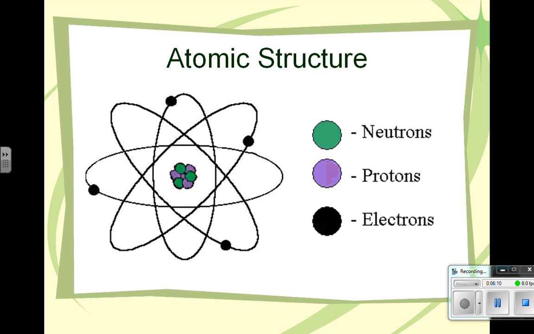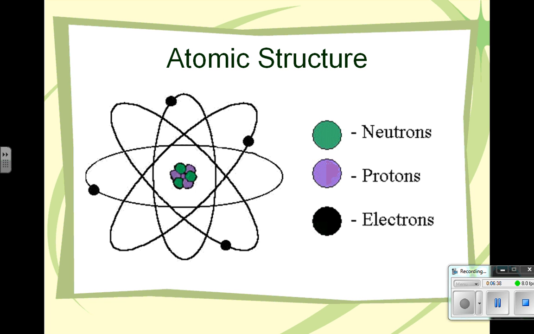The protons represent purple. Protons and neutrons, they're inside the what? Everybody? The nucleus. What kind of charge does the nucleus have? Positive. Very good. Then we have the electrons that are outside of the nucleus but inside the atom, right? They're surrounding the nucleus.